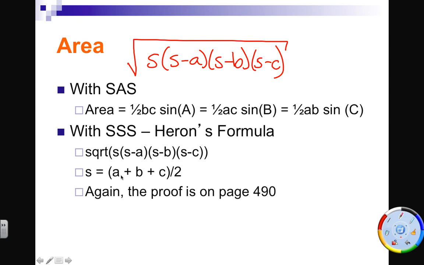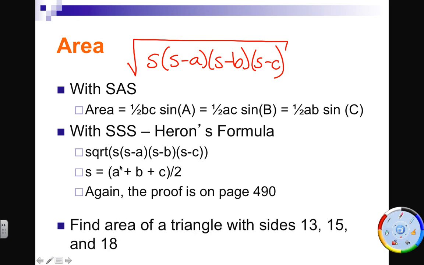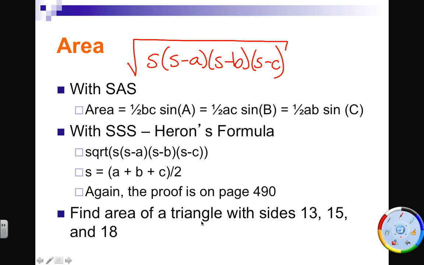Sorry, the proof is somewhere in your textbook, but if I was to ask you the sides 13, 15, and 18, I would say s is equal to 13 plus 15 plus 18 divided by 2, which is, really quick, 23.